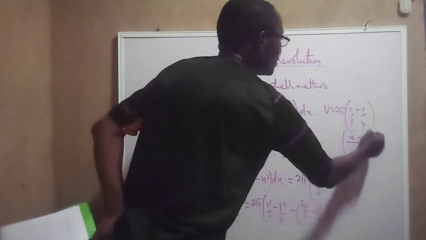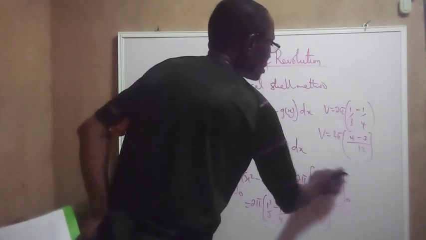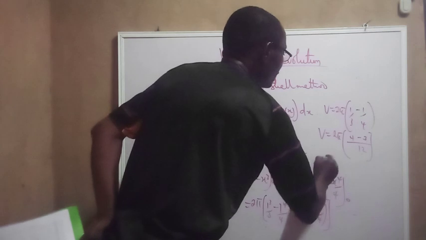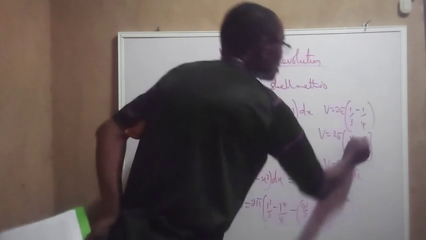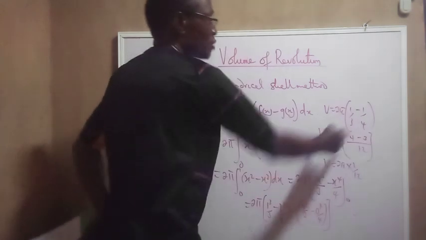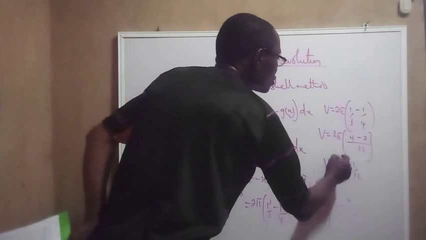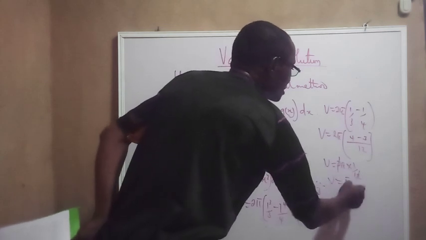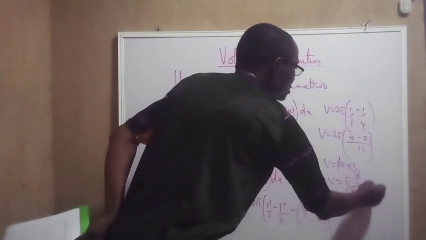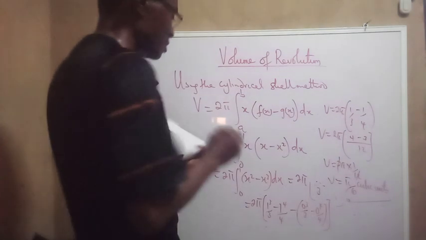Then multiplying everything by 2 pi, we have V equals 2 pi multiplied by 1 over 12, because 4 minus 3 is 1 over 12. So the 2 cancels, and the volume is pi over 6 cubic units. So that's the answer: pi over 6 cubic units.